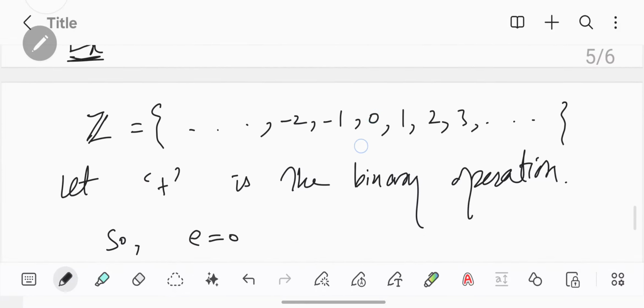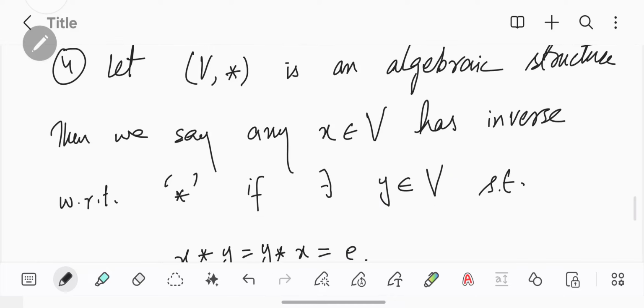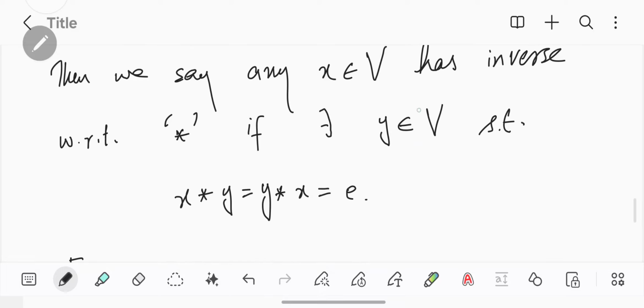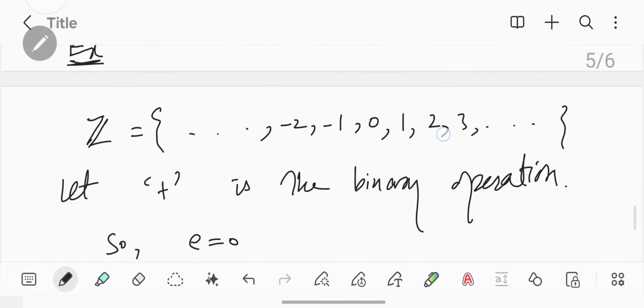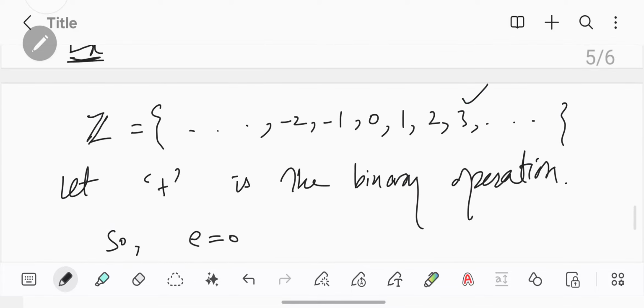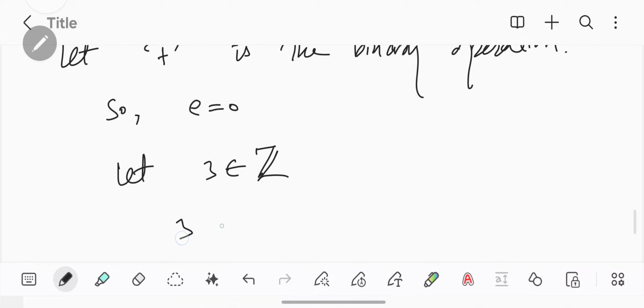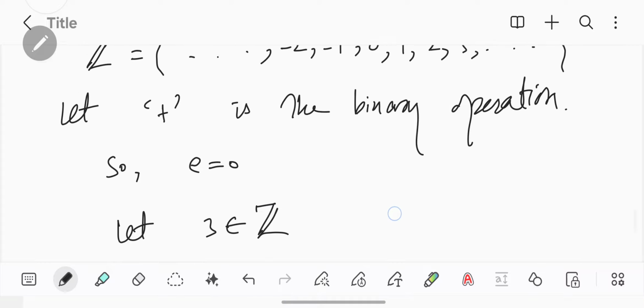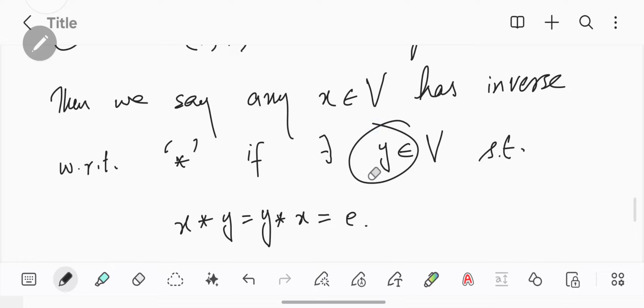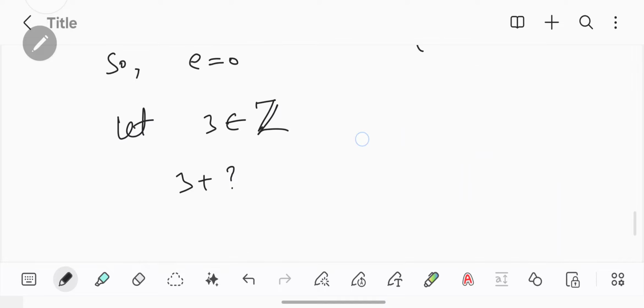Okay, so we have to check for any x, can you find another element y such that if you operate them, you will get neutral element? So for example, for 3, let 3 belong to Z. Can you find an element in Z such that if you add, because you need to find an element from V such that if you operate them, you will get identity, right?